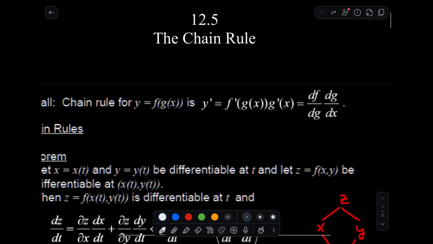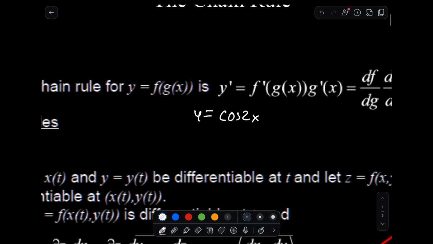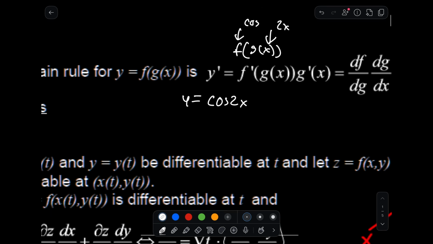So say we have some y equals cosine of 2x. Well, our outside function is just going to be f of something, which is just cosine, and then our g of x is going to be our 2x, and then we can just say y prime equals negative sine 2x.